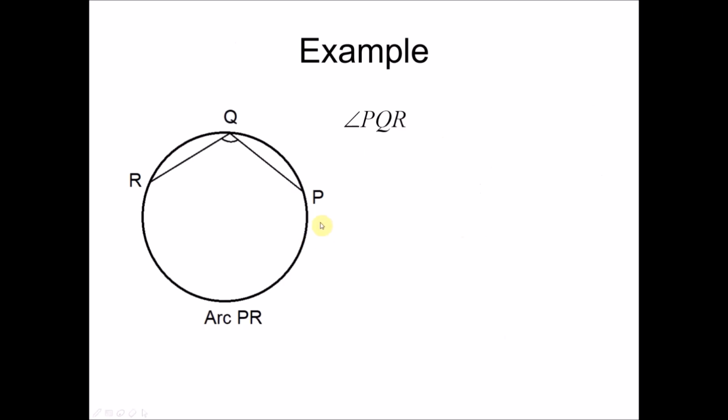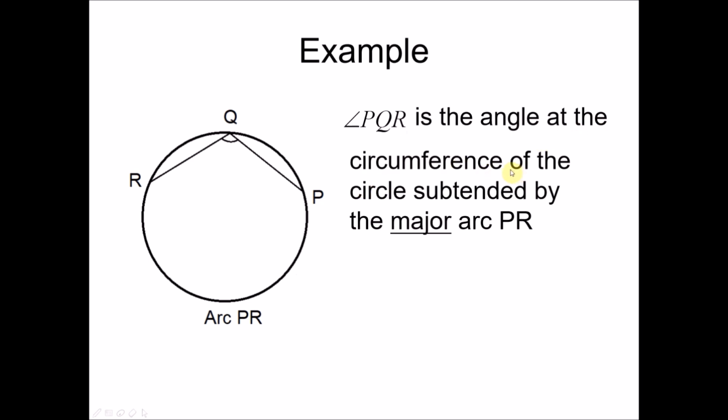Next example, the angle PQR is an angle at the circumference subtended by this arc. This time, this is a big arc compared to before. So this is a major arc PR. So angle PQR is the angle at the circumference of the circle subtended by the major arc PR.